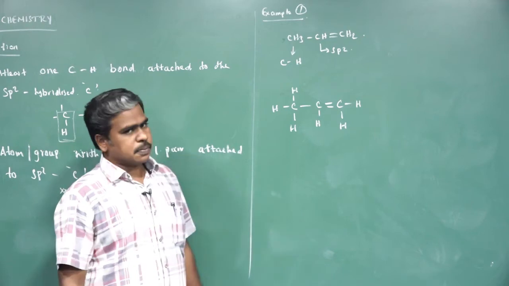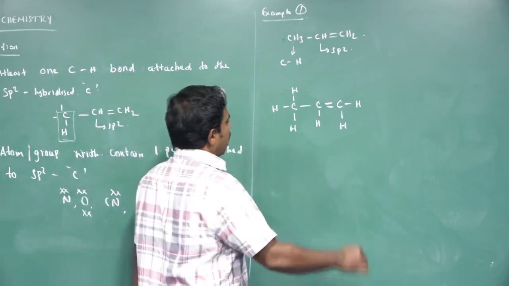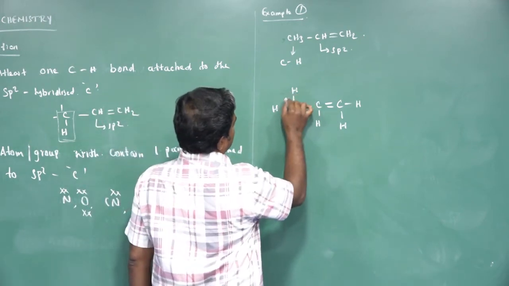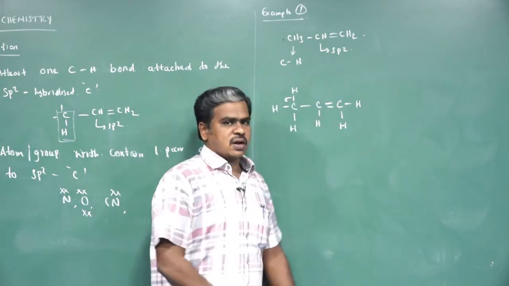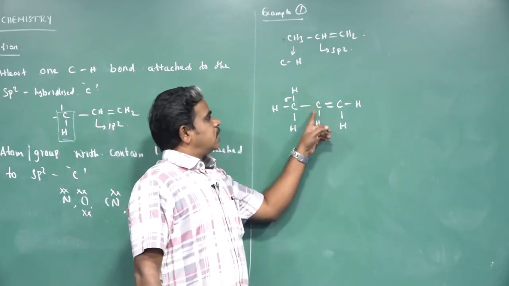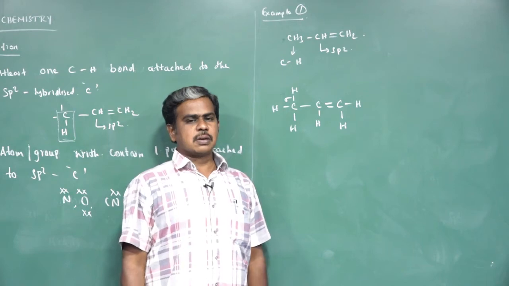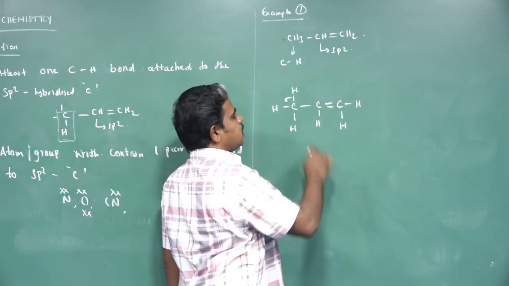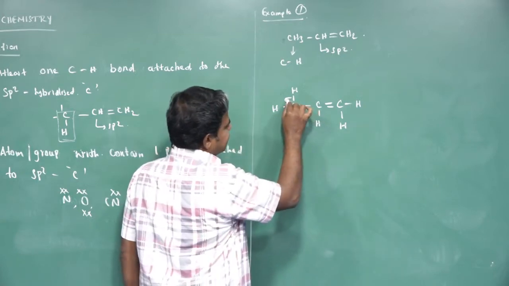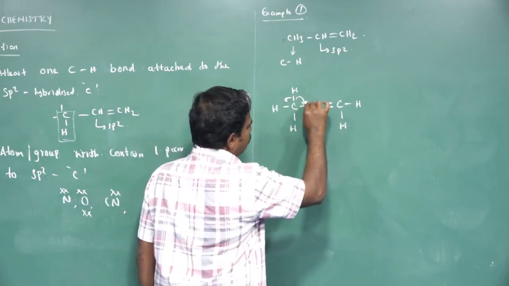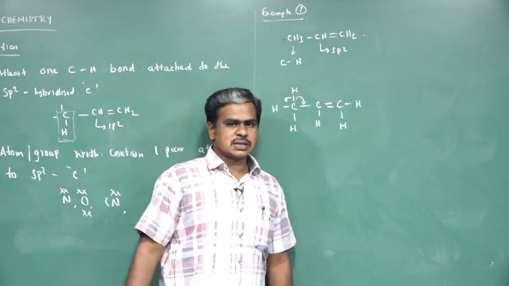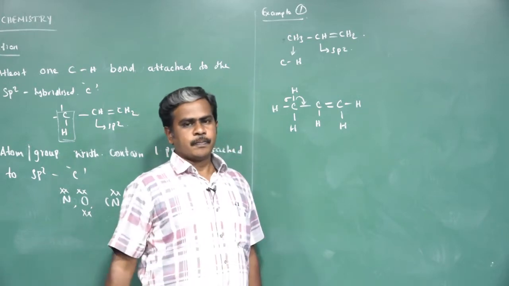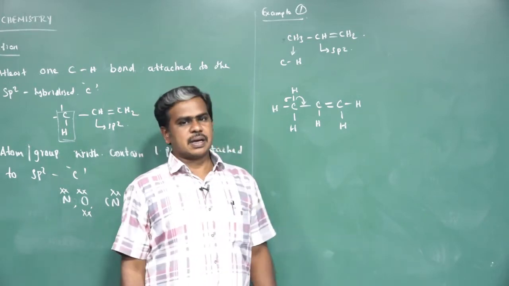Now, what is hyperconjugation? The sigma bond delocalizes with this sp2 hybridized carbon, which has an empty, non-bonding p orbital. So, this sigma bond gets delocalized. Delocalized means it will move; it is not stable at a particular place.